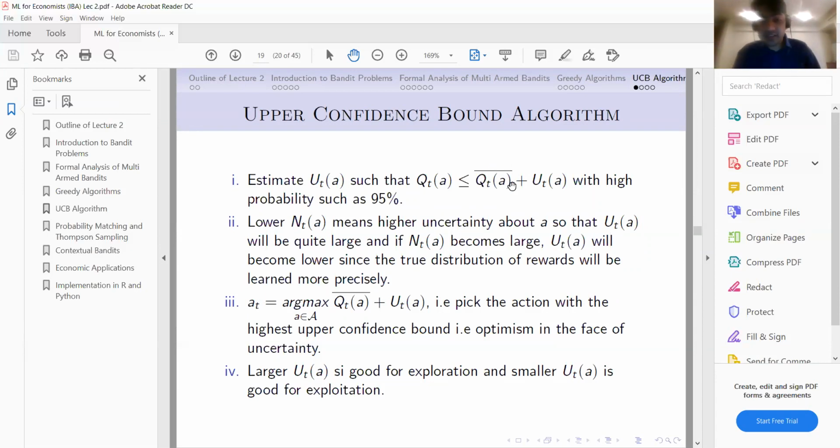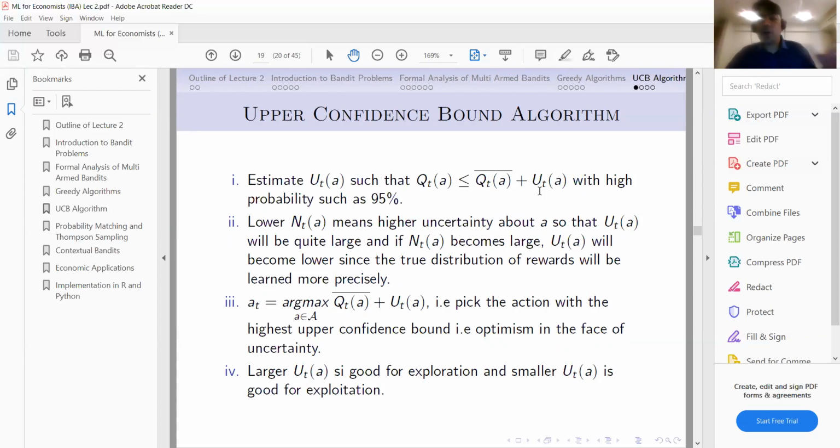You have this same term showing up, and then you add a bonus for exploration, because you want to encourage exploration. Because remember, the simple greedy algorithm doesn't explore much, and it only exploits, right? So it's exploiting too much and exploring too little. So the upper confidence bound algorithm says that you take this Monte Carlo average reward from action a up till point t, and you add to it this bonus for exploration, this surplus for exploration, which is the term U. And this is actually the upper confidence bound interval.